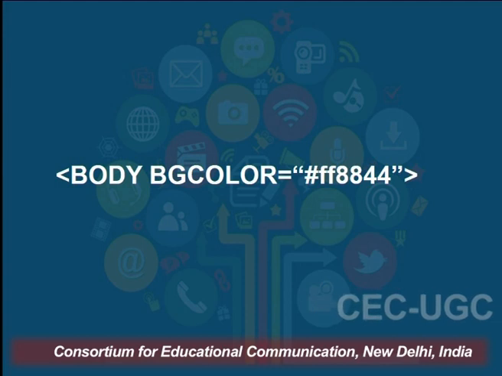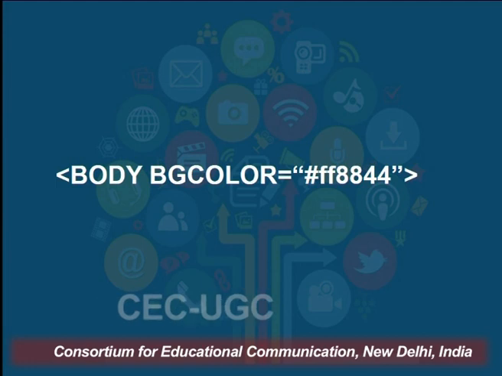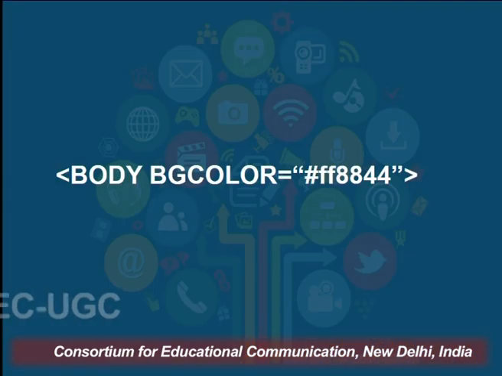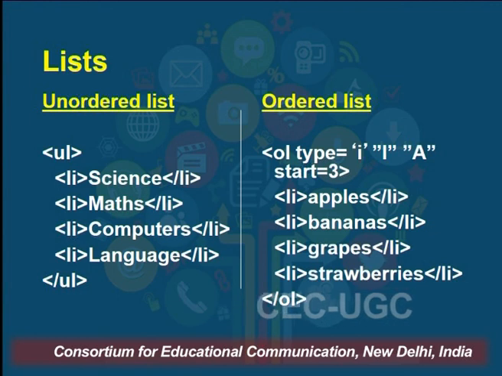Here, red has the maximum intensity, then the intensity of green is almost 50%, and then the intensity of blue is again 50% of the intensity of green. So like this you can define the color by using the hexadecimal code, and this hash here is very important because it signifies that this is a hexadecimal color code.